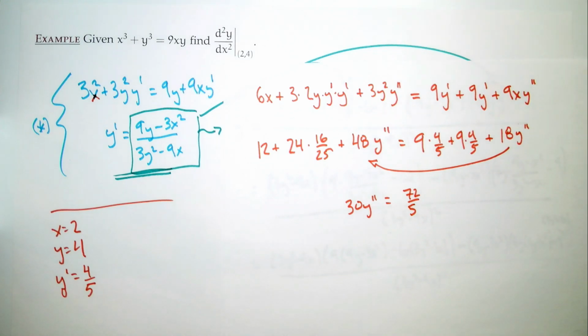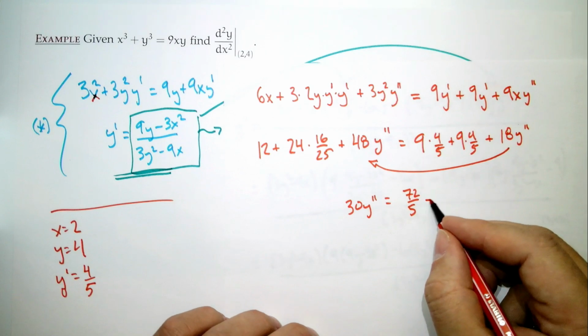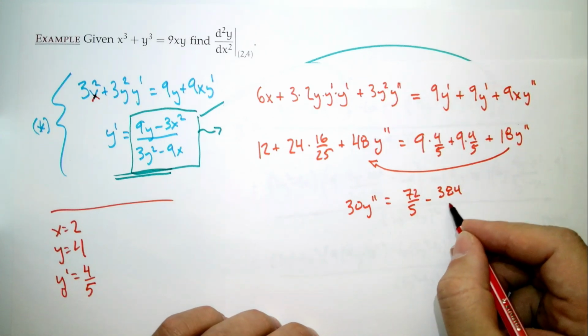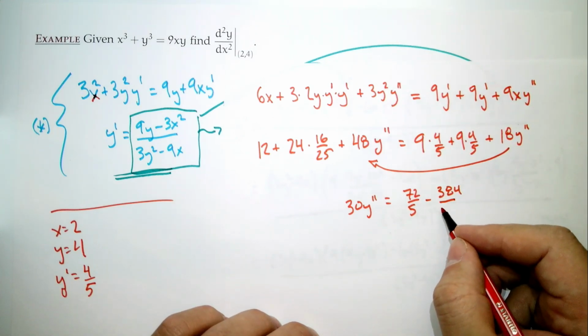24 times 16 is a number. No, hold on. We can do better than that. 24 times 16 is 384. Are we close? Yeah, 384. Okay. All right. 384 over 25.